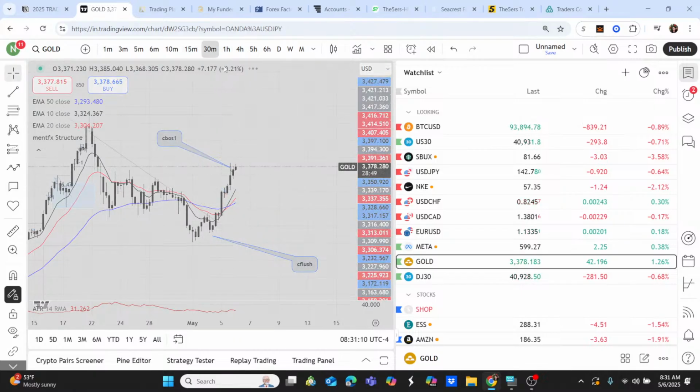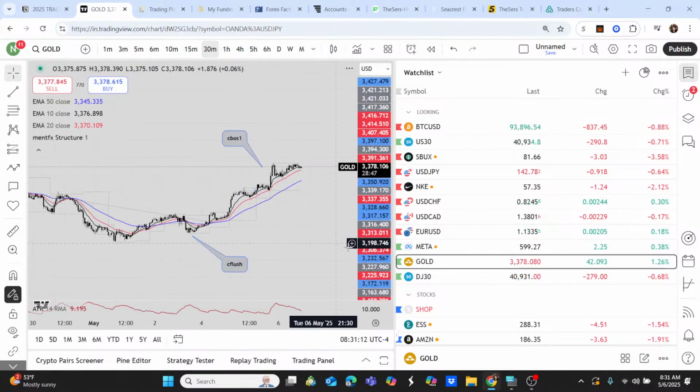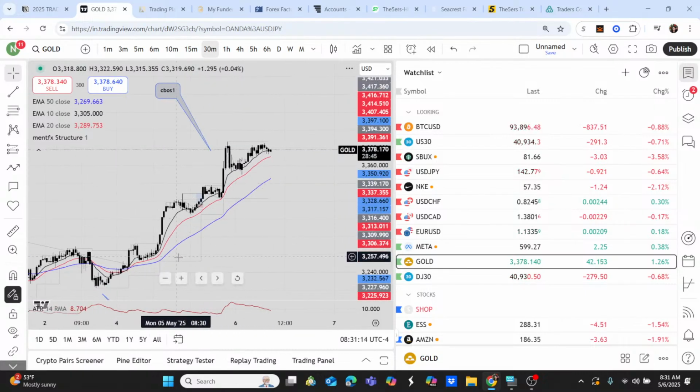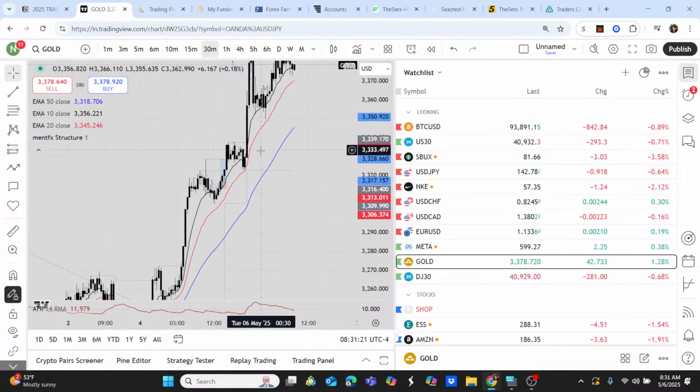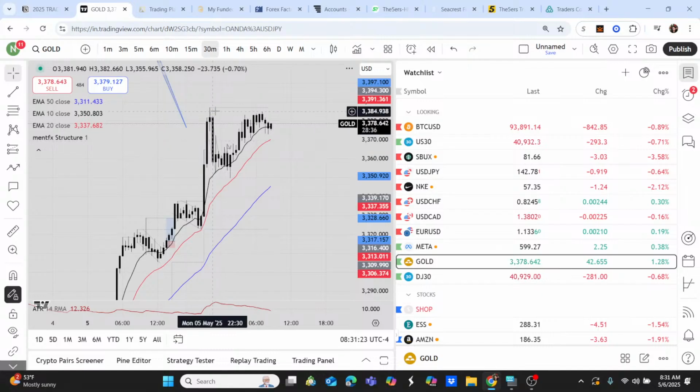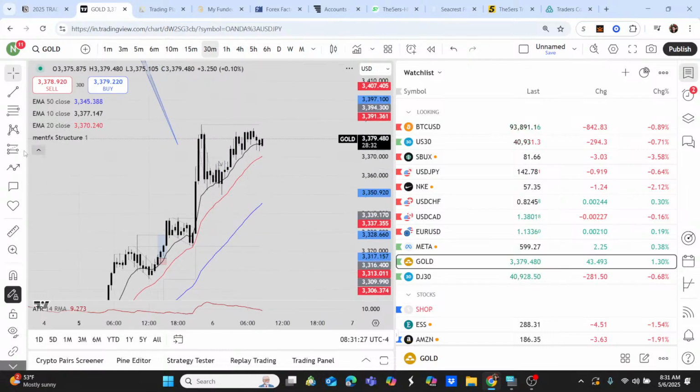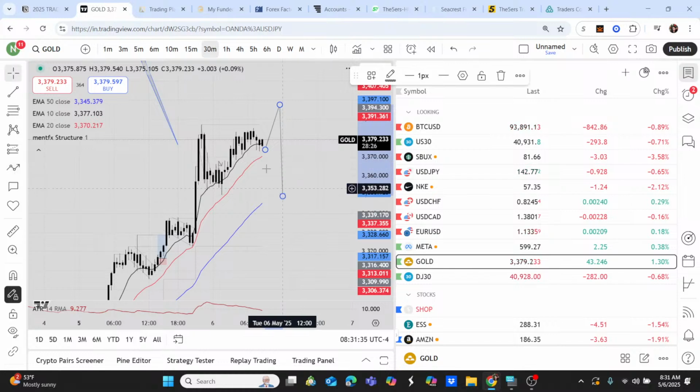And then we can jump down on this 30-minute to see what's going on as well. So we flushed 1, we created 2, 3. Potentially this is the 4th one, and the way price is moving, this leads me to think that the 4th one may happen and then fail, just judging the way that it's moving right here.